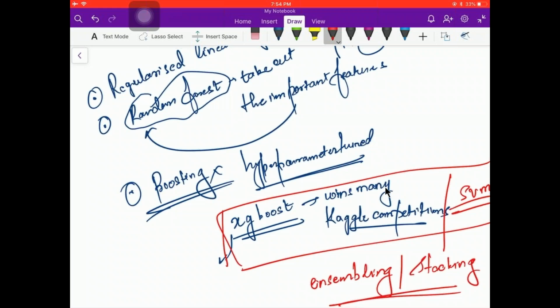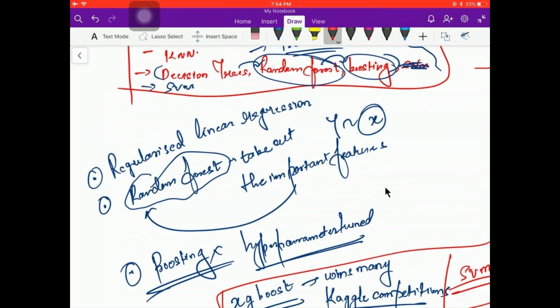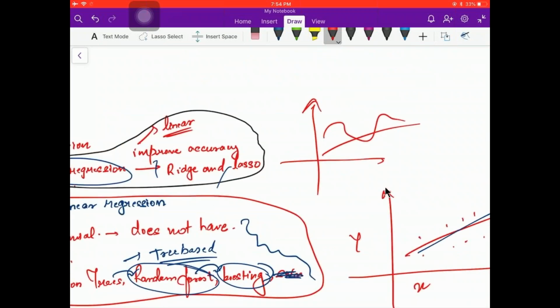A regularized linear regression means just one line. First point you have written linear regression, I understand. The regularized means that if the data is clustered in one place, we have to regularize it, or some features you have to drop, right?